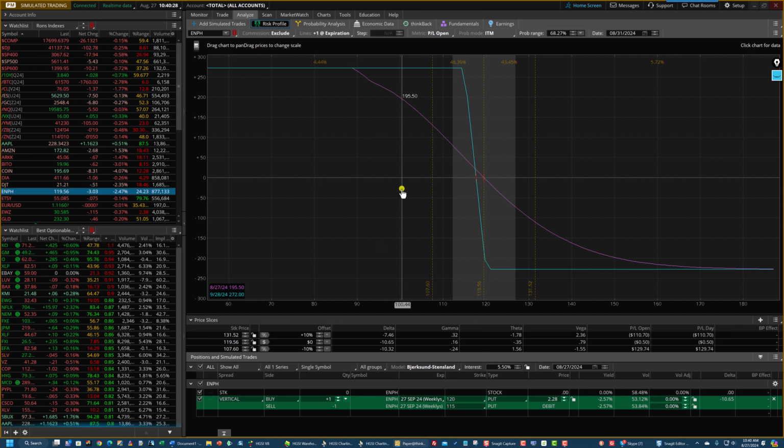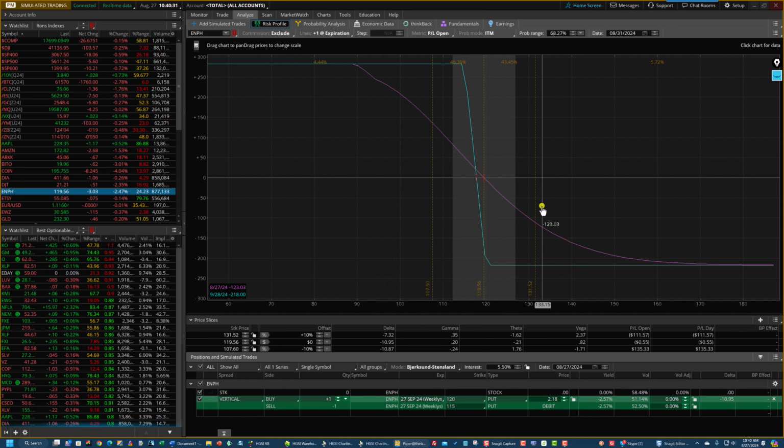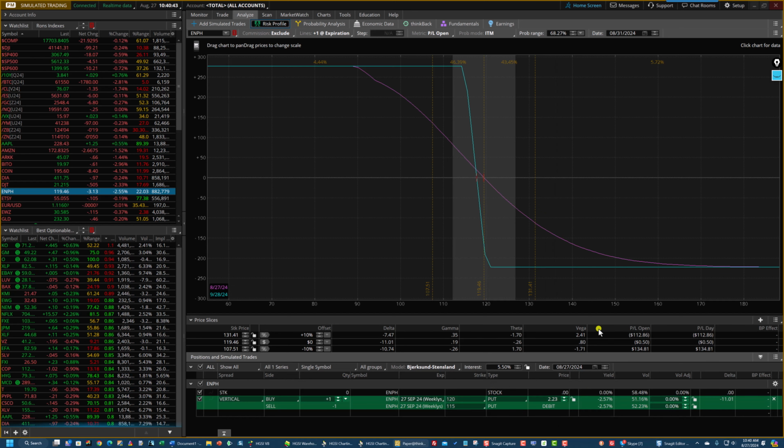I'd never hold it that far, but the debit's $218 right now, and I can pay up for a $5 wide spread. I can pay up to $260 is my limit.